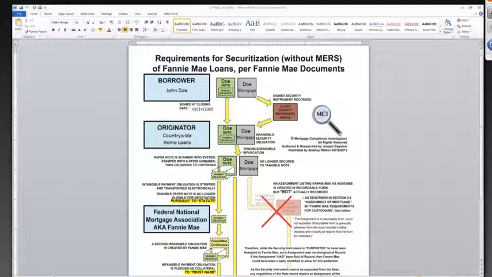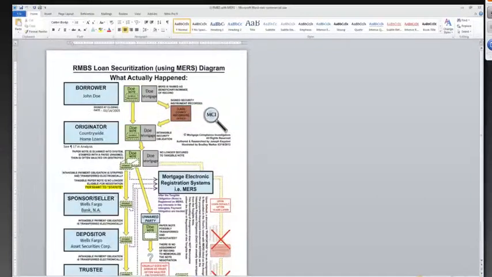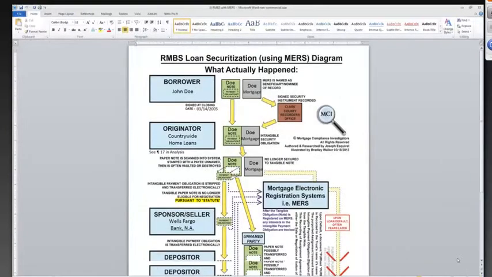All right, so we're going to complete the RMBS, then we'll get to a GSE. We went over the RMBS showing without MERS. I'm going to show you now an RMBS loan, residential mortgage-backed security, using MERS.